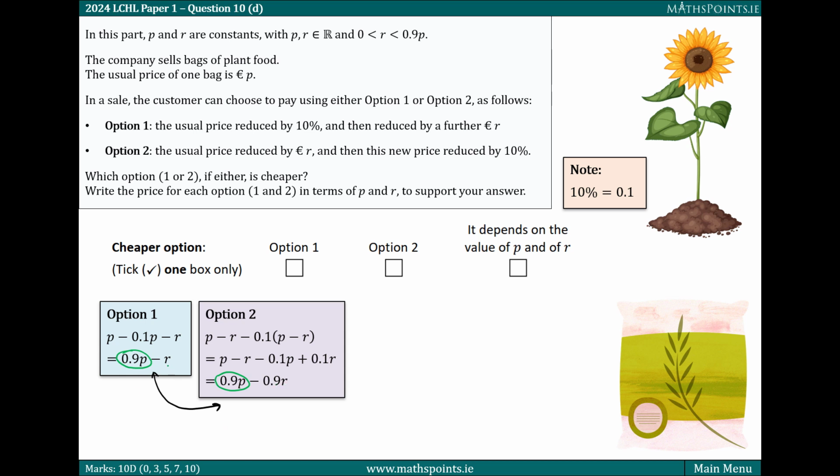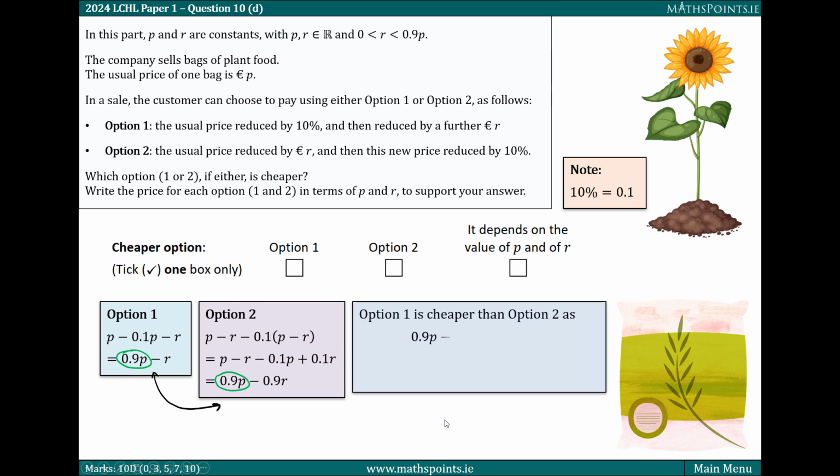So if you subtract R from 90% of P, that's going to be a smaller amount than if you had subtracted 0.9R, or 90% of R, from 90% of P. So whatever way we break it down, we can see that 0.9P minus R is a smaller number than 0.9P minus 0.9R, because subtracting R from something is going to be a greater reduction than subtracting 0.9R of something. So the answer is option 1.